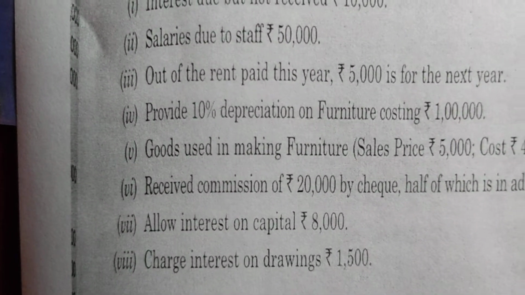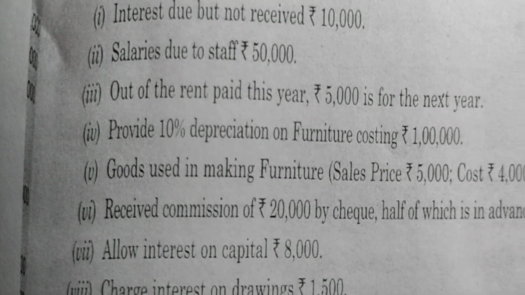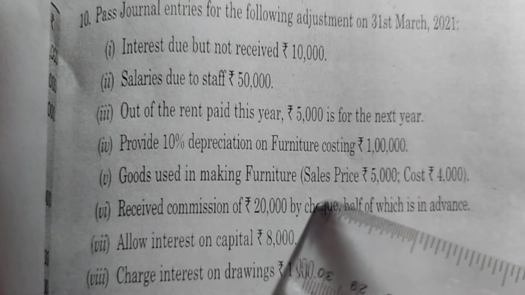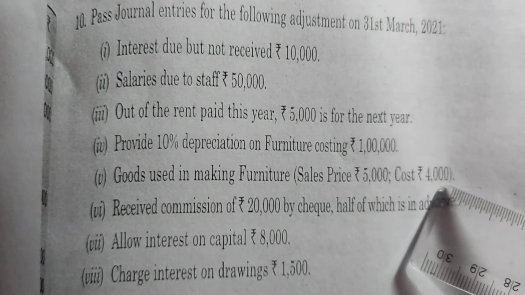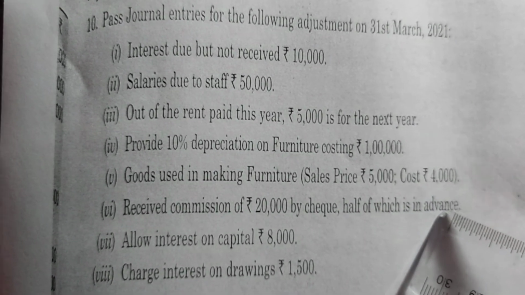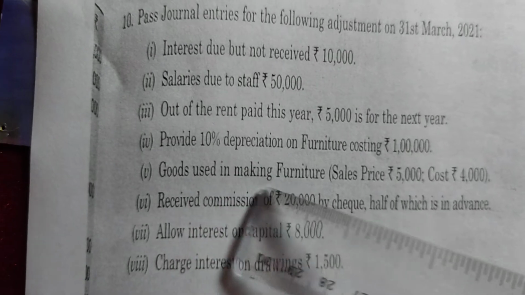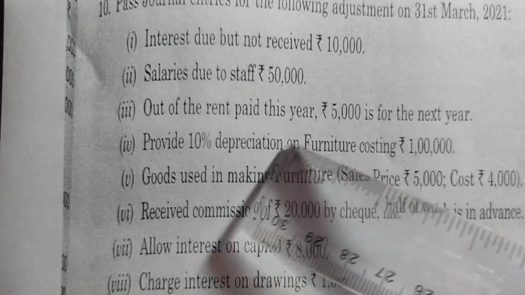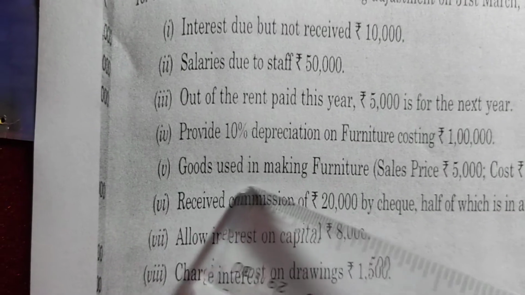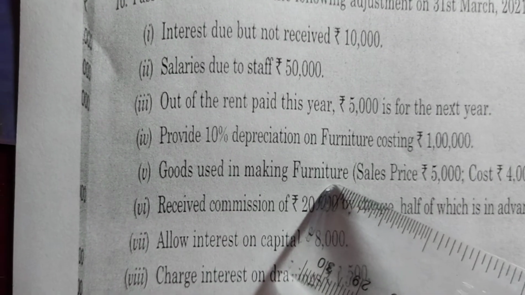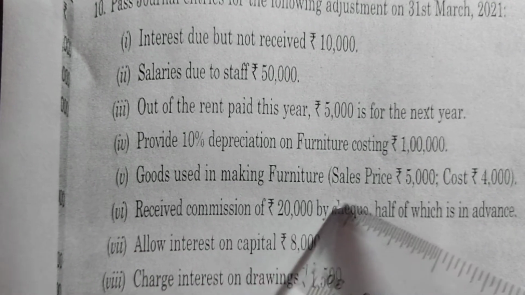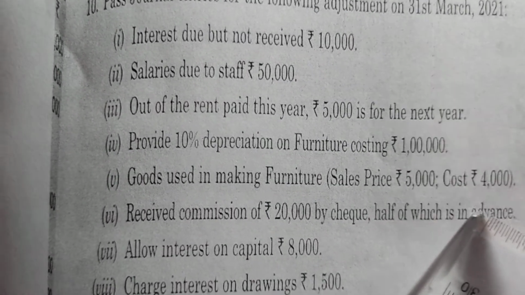Okay. Now let's see the next one. What is given? Goods used in making furniture, sales price 5,000, cost rupees 4,000. Here goods used in making furniture means goods are going out and furniture is an asset. Goods are used for making an asset, so the asset will be debited and purchases will be credited, and here we will include the cost.